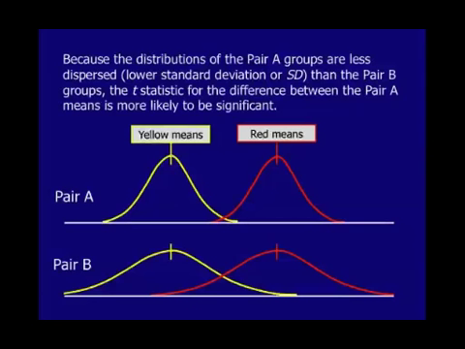Because the distributions of the pair A groups are less dispersed, lower standard deviation or SD, than the pair B groups, the t-statistic for the difference between the pair A means is more likely to be significant compared to the t-statistic for the pair B means.